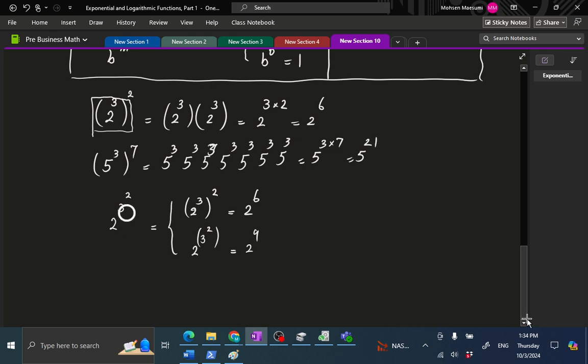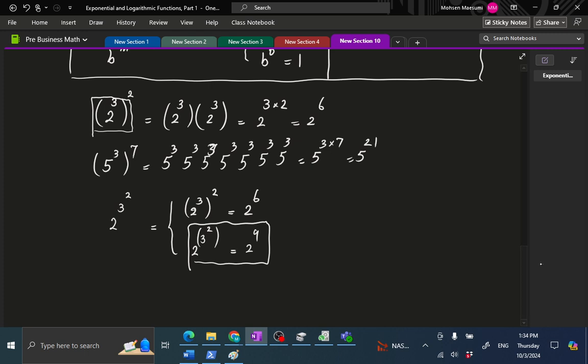So if I don't have parentheses, the tiebreaker between these two is that this is the one that is meant, because for that one we already had the parentheses notation, and so with the parentheses, that's what it means. Without the parentheses, this is the meaning of it.